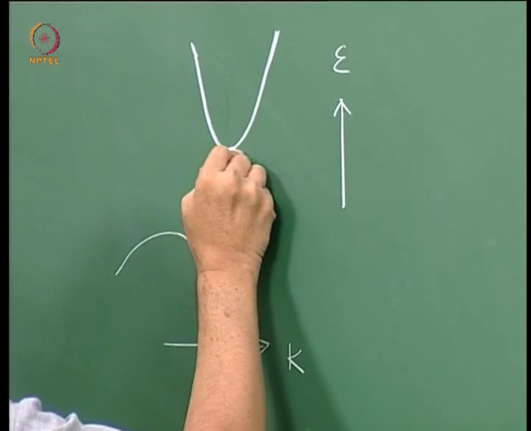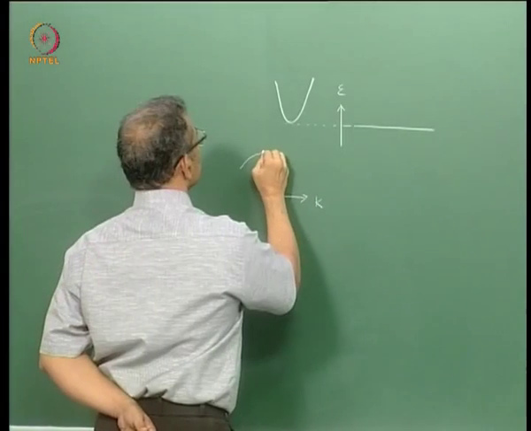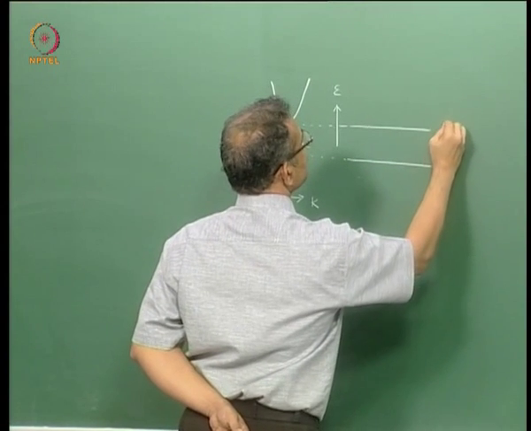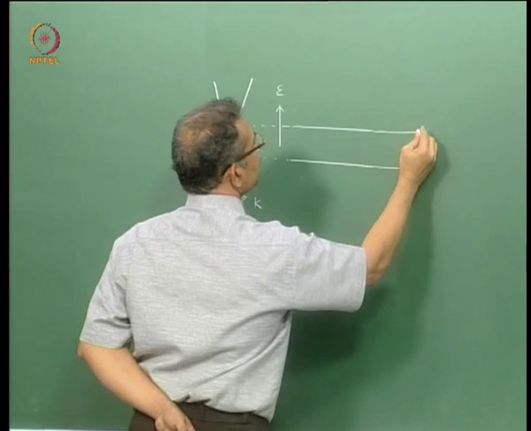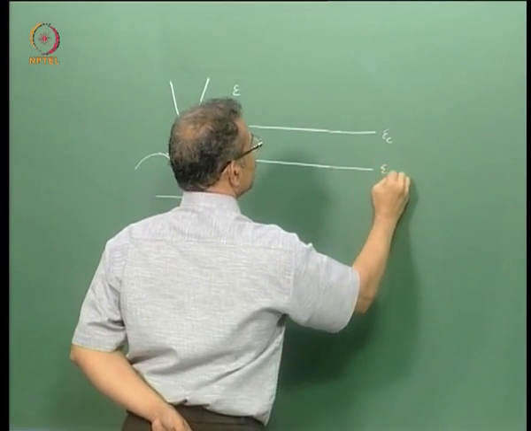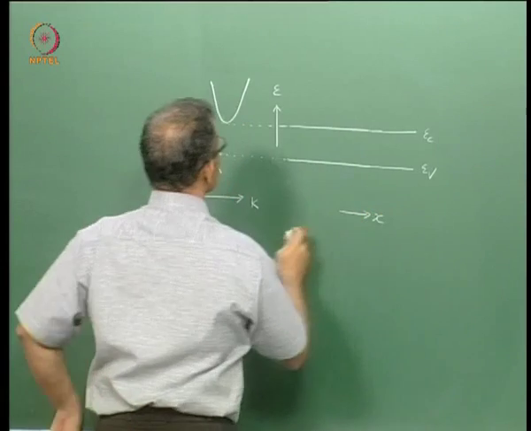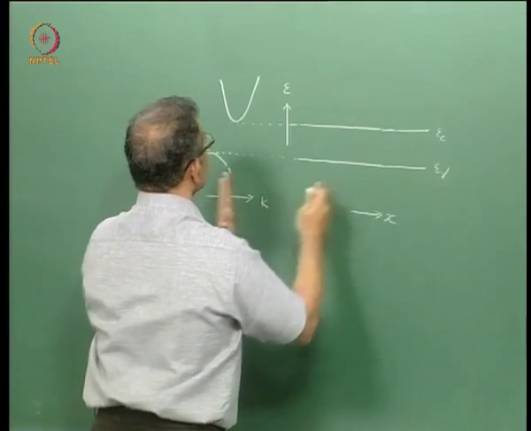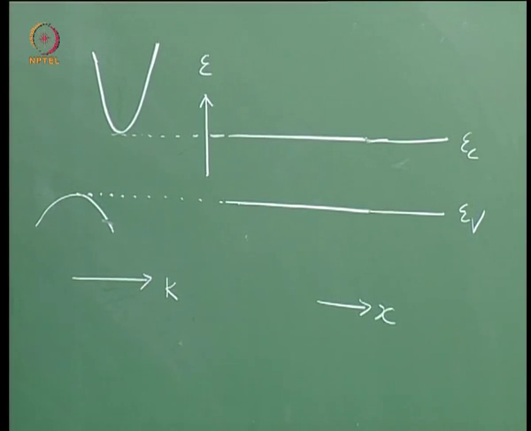So this means that conduction band edge and valence band edge will be drawn as flat lines, okay. So this is as a function of x. So this is your Ek diagram and this is your Ex diagram. We are considering an indirect band gap semiconductor like silicon.